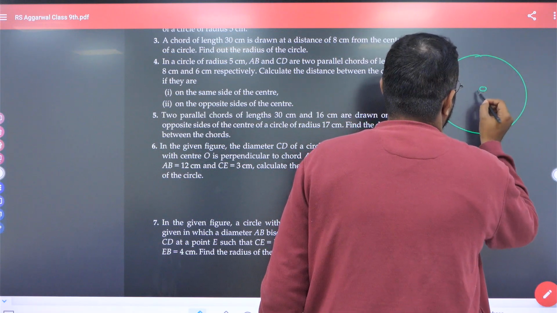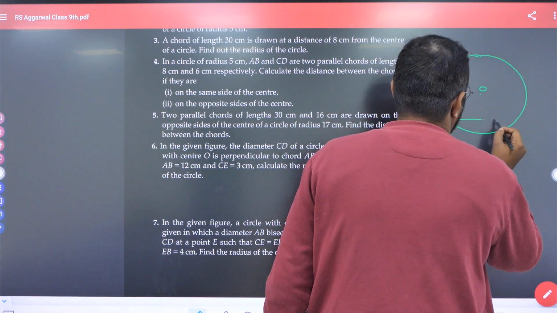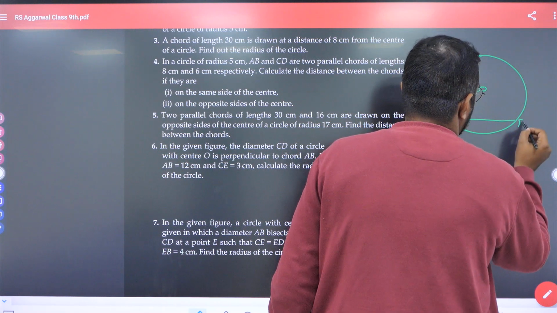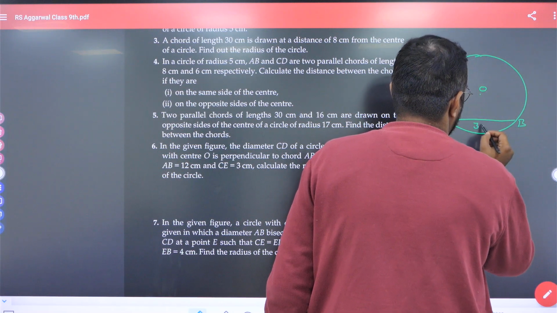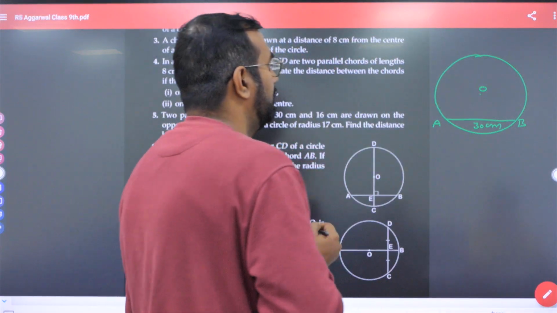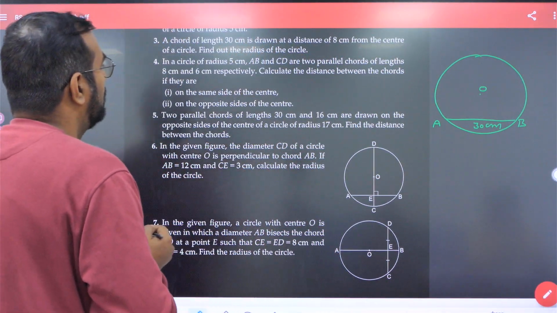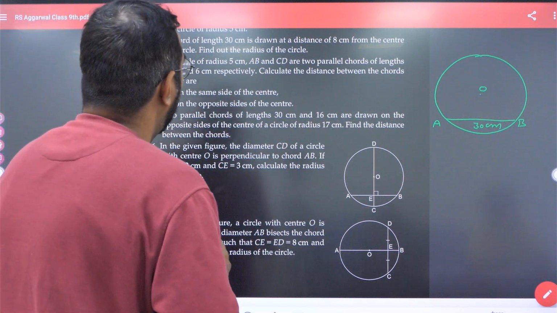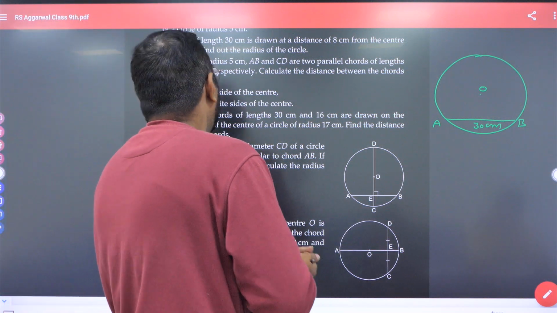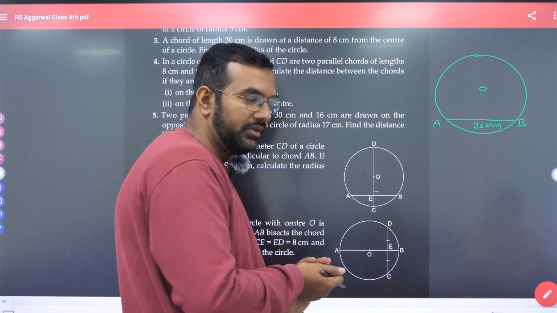Let's say center is O, in which there is a chord, namely AB, length is 30 centimeter. Okay, the distance from the center of a circle is 8 centimeter.